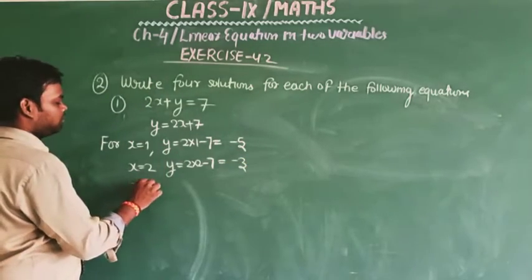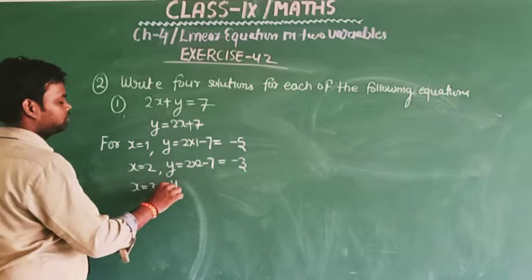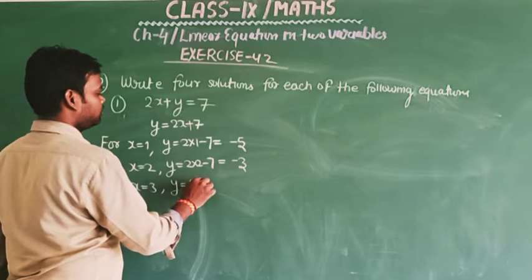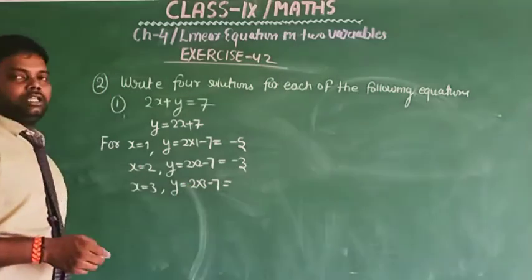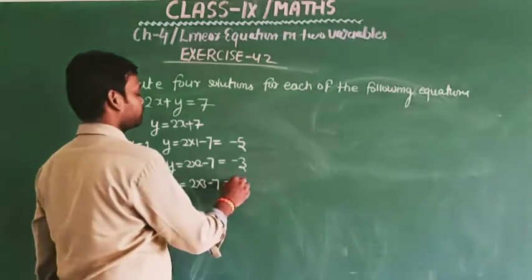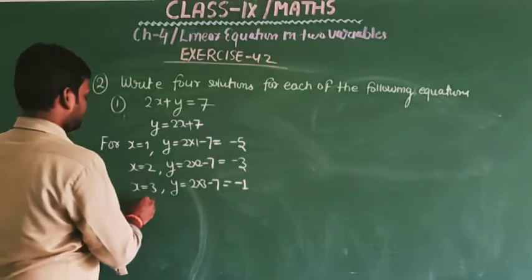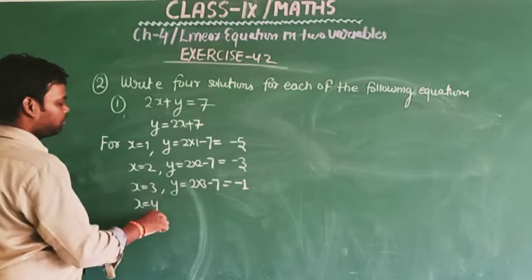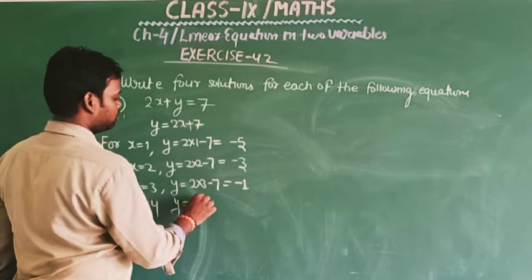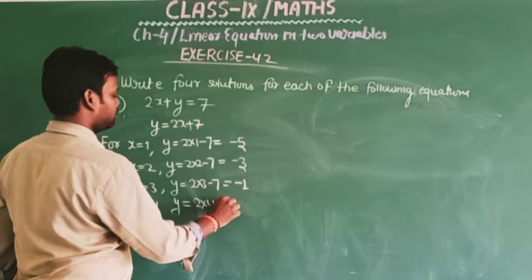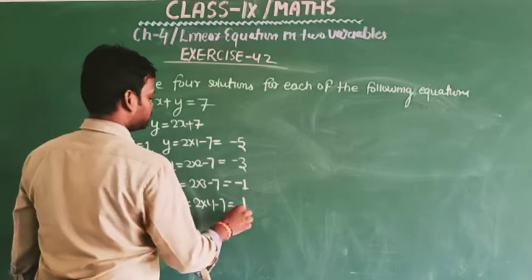For x equal to 3, y equal to 2 into 3 minus 7, 6 minus 7 equal to minus 1. And for x equal to 4, y equal to 2 into 4 minus 7, 8 minus 7 is 1.